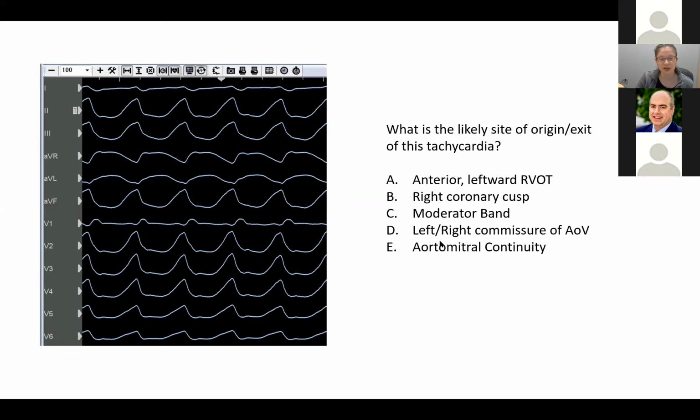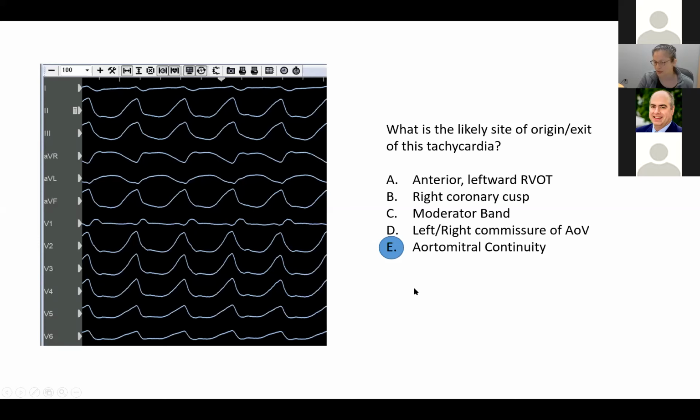So that's great. I think that folks have a pretty good idea of where they're seeing this coming from. I think this is a right bundle configuration, right? It's positive all throughout the precordium, so that puts it back quite basal. It's still inferiorly directed, but maybe not quite as leftward. And so that's most consistent with the aortomitral continuity.